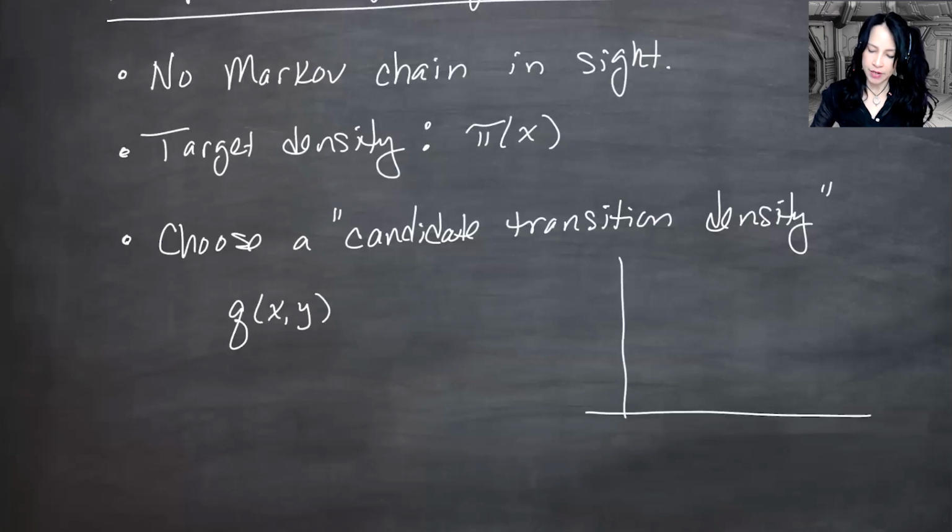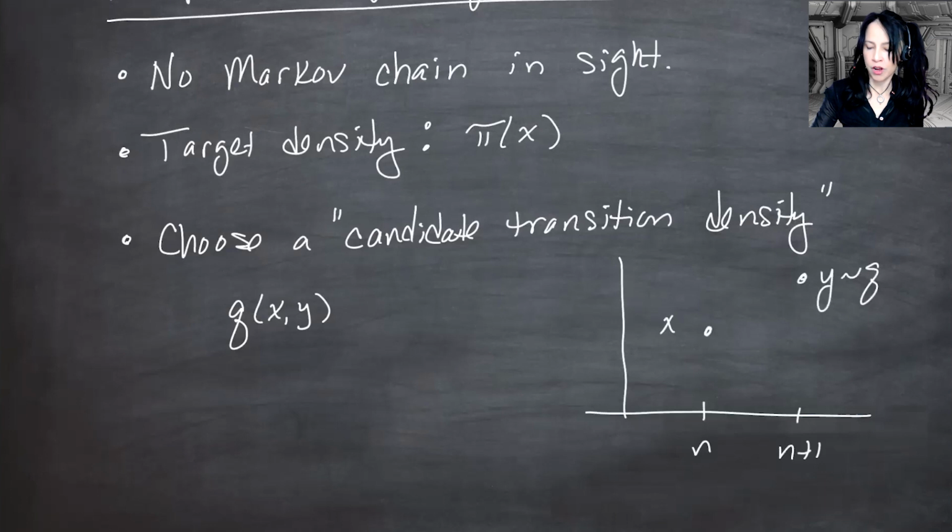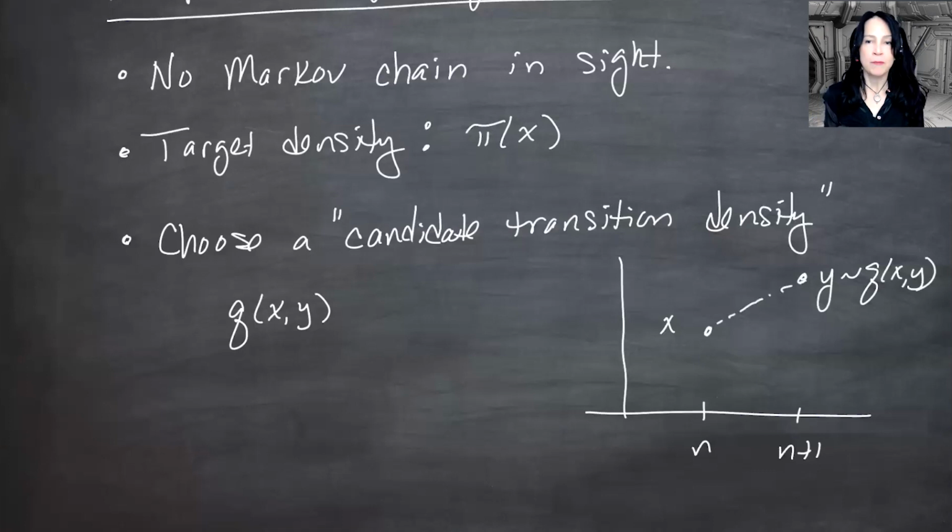And what is going to happen is if at some time n you're at an X, at time n plus 1, we're going to simulate a Y from this PDF. And then we're going to choose to either accept a move or not. And if you don't accept, you don't really stay where you are. It's not exactly accept or reject. You keep on moving forward. So you stay flat.